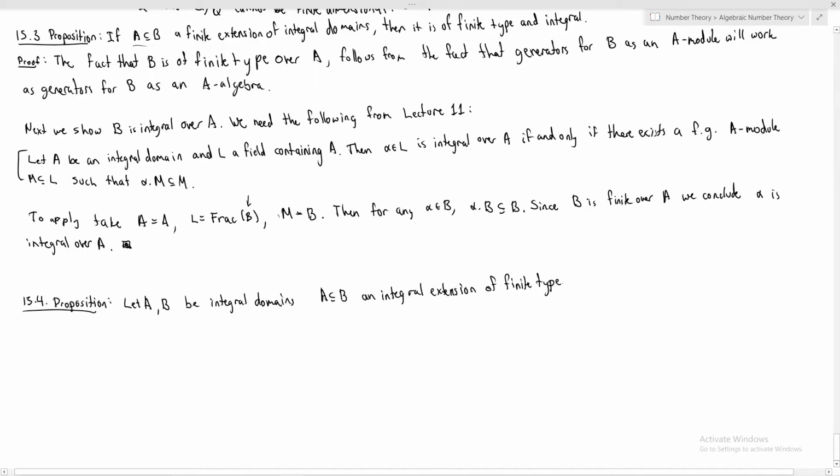And what we're going to prove, then, is that A contained in B is finite. Okay, so I'm going to prove that B has a finite list of A module generators.